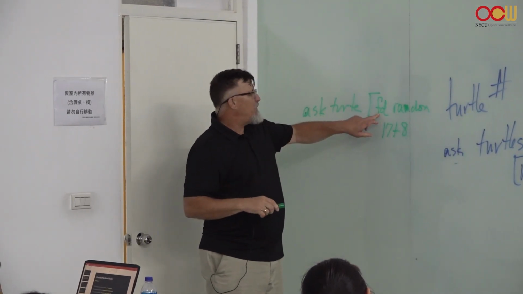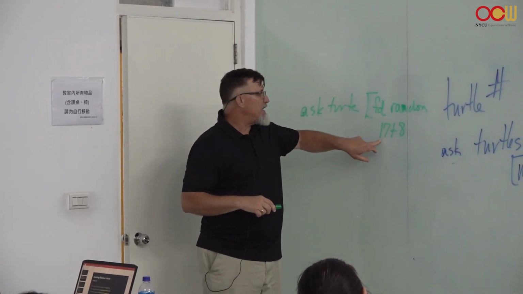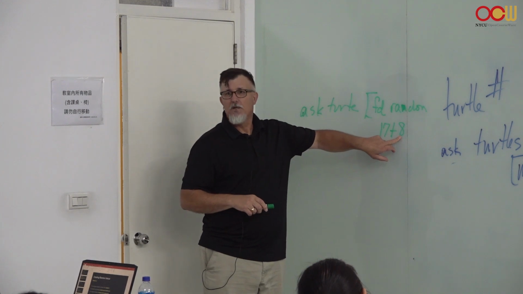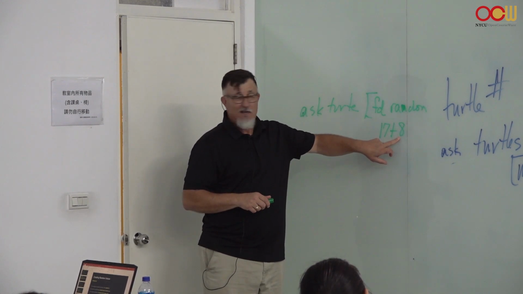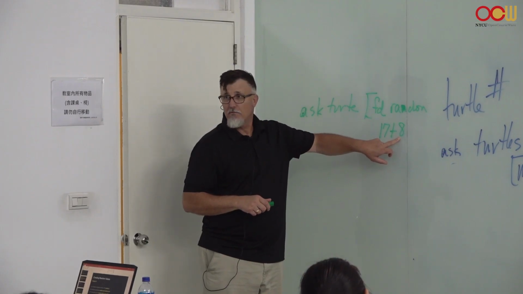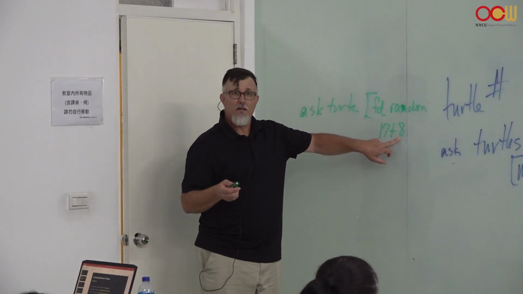Pick a random number between 17 and 17 plus 8, which means it's going to be any random number between 17 and 25. So there I'm picking a range.